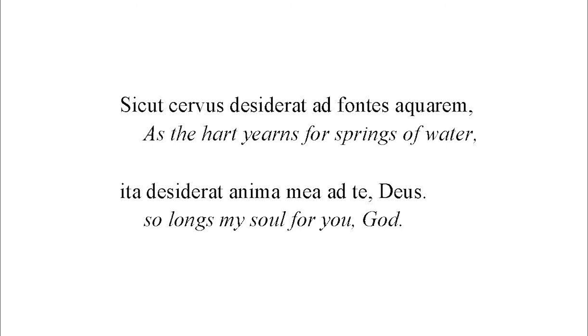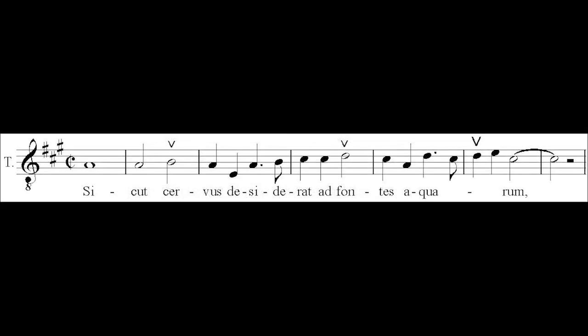And after becoming comfortable with this, we can apply the text to its musical setting, recognizing that there are several points of emphasis in the phrases. Here is the opening phrase of the motet with caret signs, represented by the letter V, indicating these points of emphasis, or as I like to call them, points of arrival.